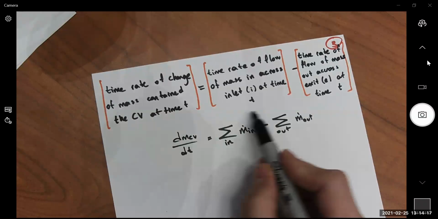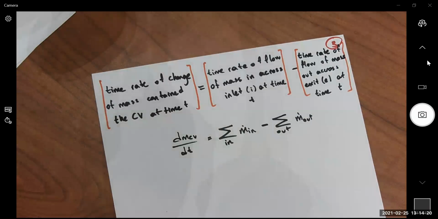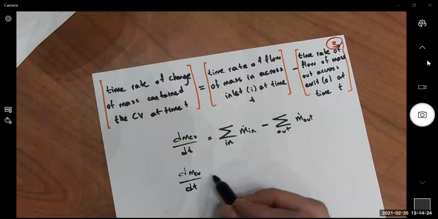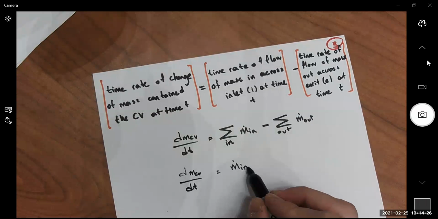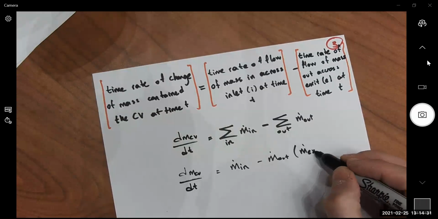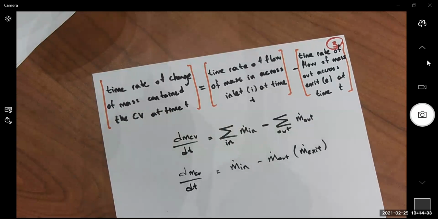In this case, if we apply this to our schematic in our system, dm control volume over dt will be m in minus m out, right? Or m exit, if you like to call it exit, right?